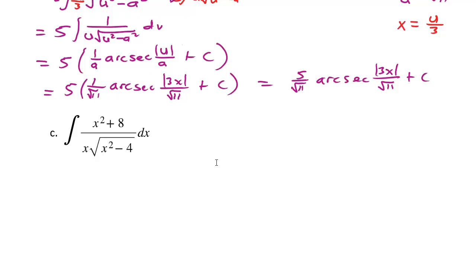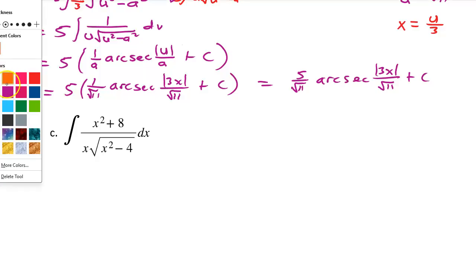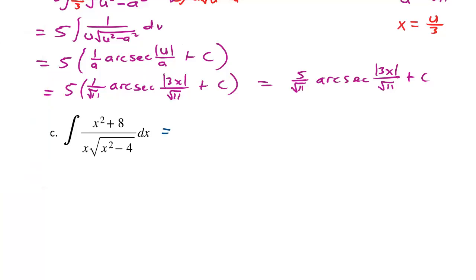All right, so that's what we're going to do here. So I'm going to take the integral and just split it up. So you've got x squared over x times root x squared minus 4 dx, and then plus the integral of 8 over x times root x squared minus 4 dx.